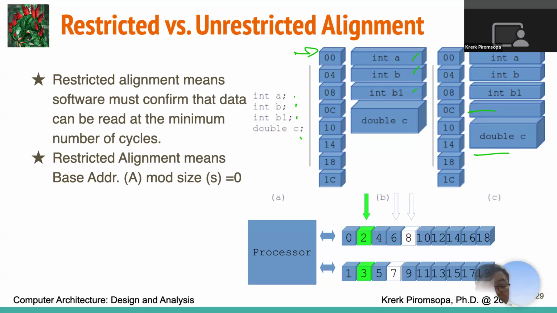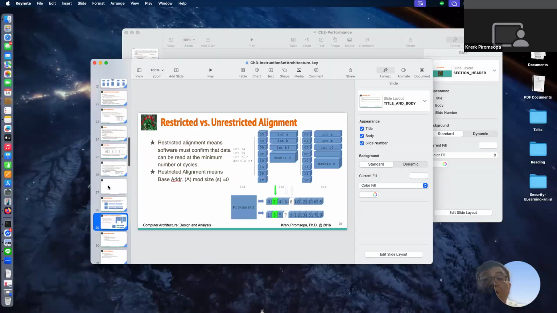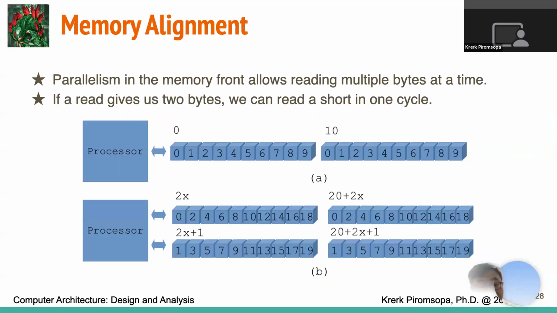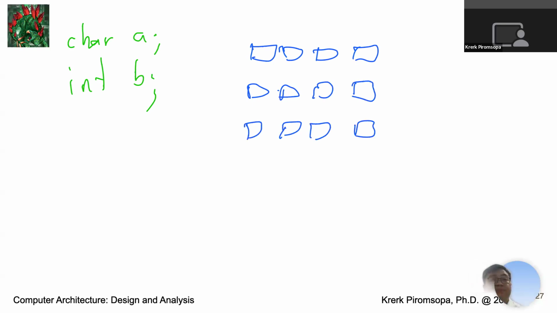Okay, maybe I tweak the example a little bit. Let's say I got a character A and integer B. And I got memory like this. Let's say one row I got 4 bytes, 32-bit architecture.